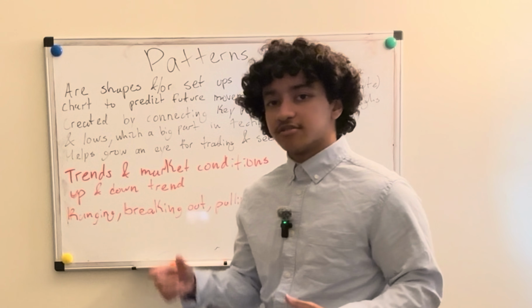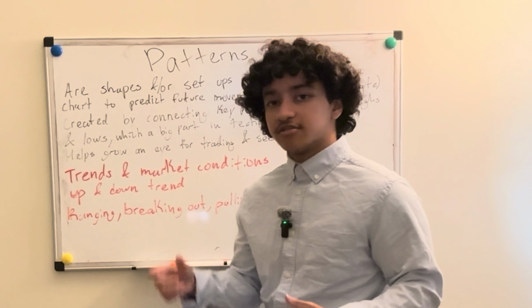When the next leg up breaks that pattern, either a retest happens or it just skyrockets. Most likely, what's going to happen is a retest. It's going to break out of the pattern, retest it, and then break out right there.